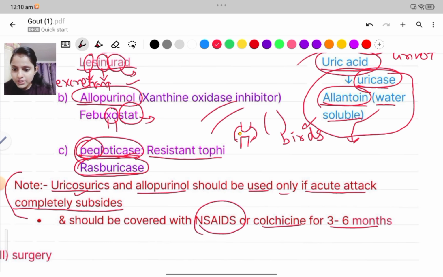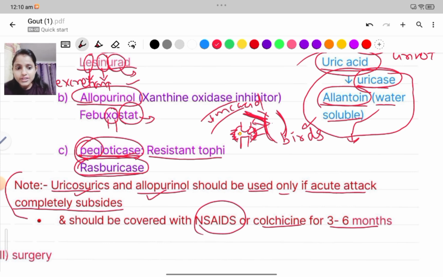These uricosuric drugs and allopurinol decrease the uric acid level. So when the uric acid level is decreased in the blood, there is disturbance of the concentration gradient, due to which the uric acid from the tissue comes out to try to maintain the gradient, but during an acute attack there is increased permeability of the joint, so the uric acid can enter the joint.